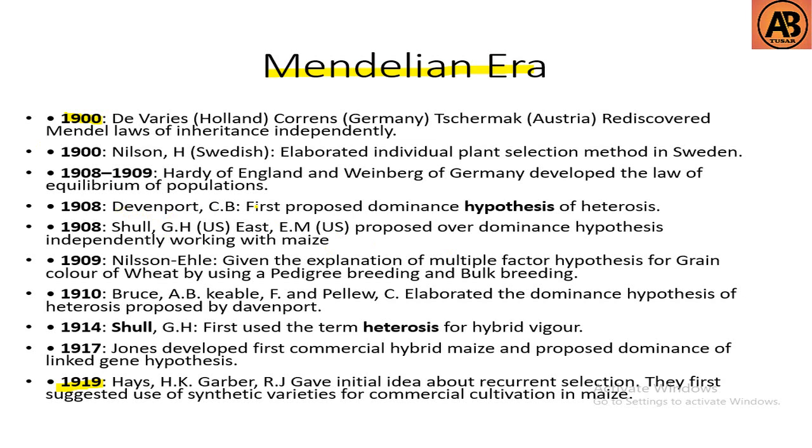Then Davenport proposed the dominance hypothesis of heterosis. Then Saal first used the term hybrid vigor. These scientists worked here. We need to read the basic things here. So this is not our main concern.